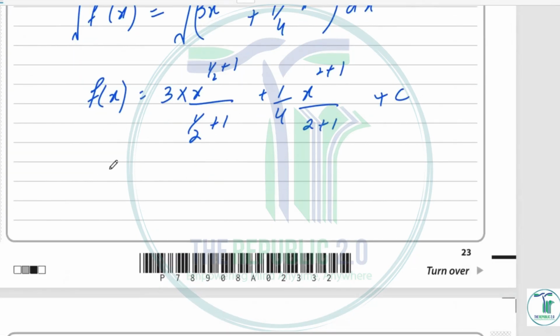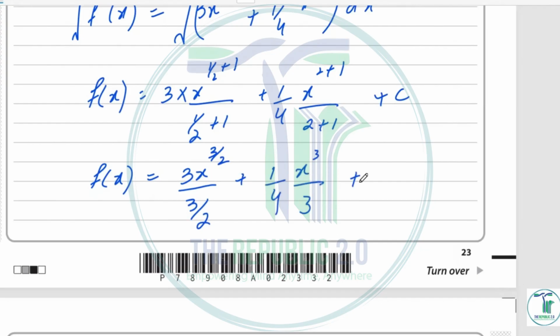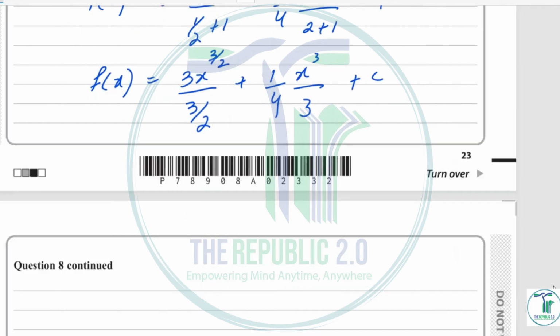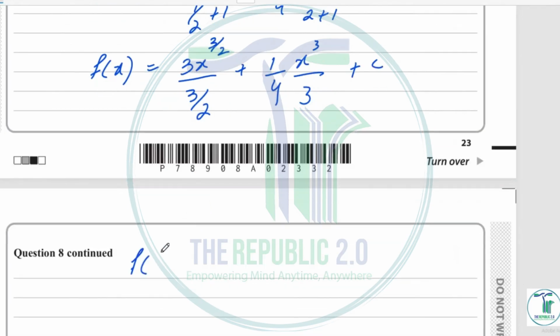So I'll be having an expression f of x equals 3x to the power of 3 by 2 divided by half plus 1, which is 3 by 2 as well, plus 1 by 4 x to the power of 3 divided by 3 plus c. And then we can get f of x equals, 3 cancels out by 3, so 2x to the power of 3 by 2 plus x cubed divided by 12 plus c.